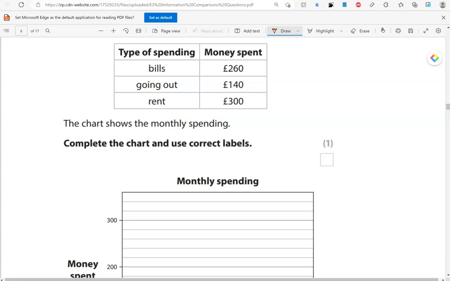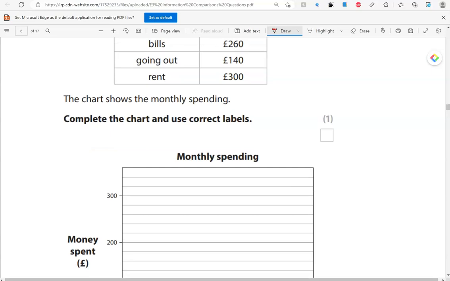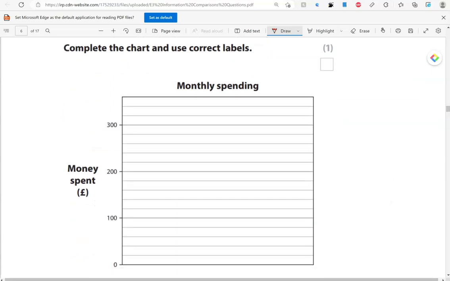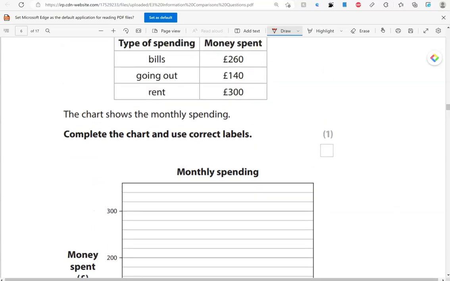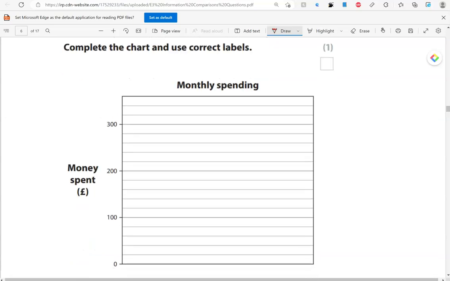Going out, money spent £140. Rent, money spent £300. So we're going to show that here on the graph. We're going to start with bills, so going up to 260.